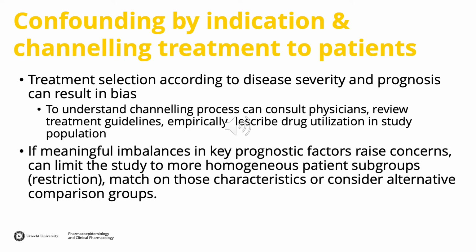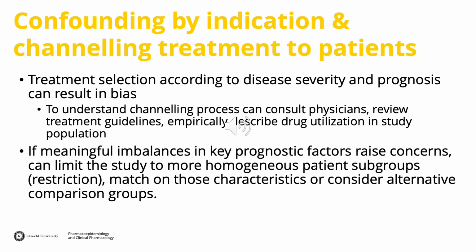If we want to understand how a patient's characteristics influence how they're prescribed a particular medication, which is called the channeling process, you typically have to consult physicians or look at clinical practice guidelines or drug utilization studies to really understand this.